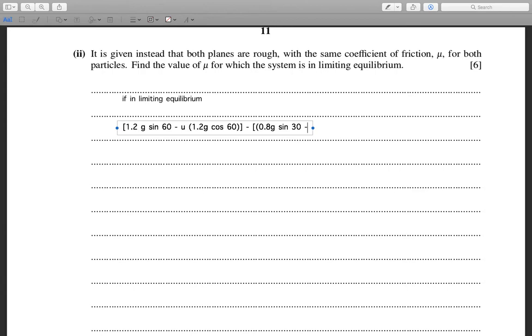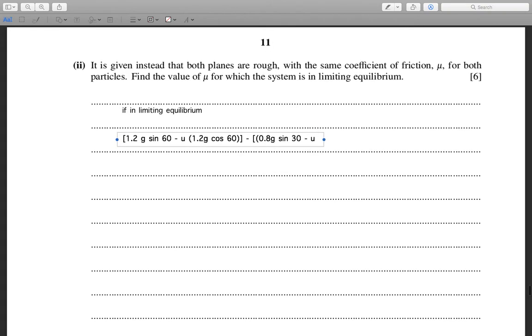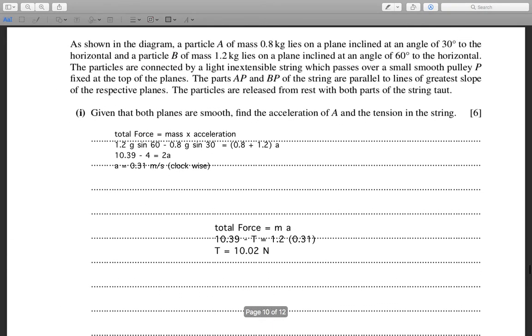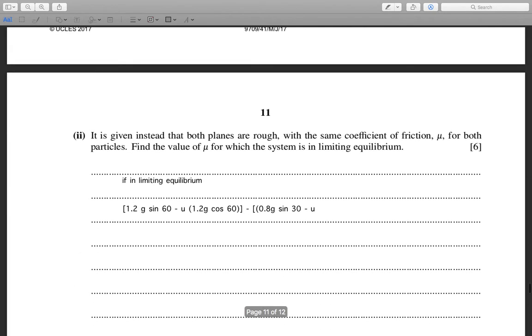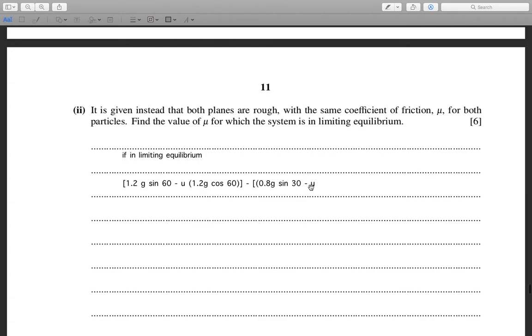Minus the frictional force acting on the left one, mu times 0.8 g cos 30.